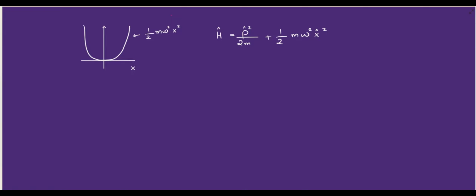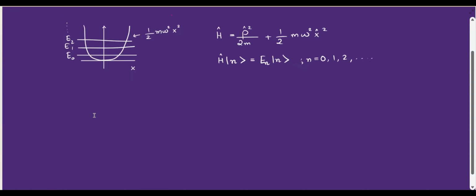And we saw that the solutions to these are the states n equal to 0, 1, 2, and so on. And E0, E1, E2, and so on are all equally spaced energy levels of this quantum harmonic oscillator.